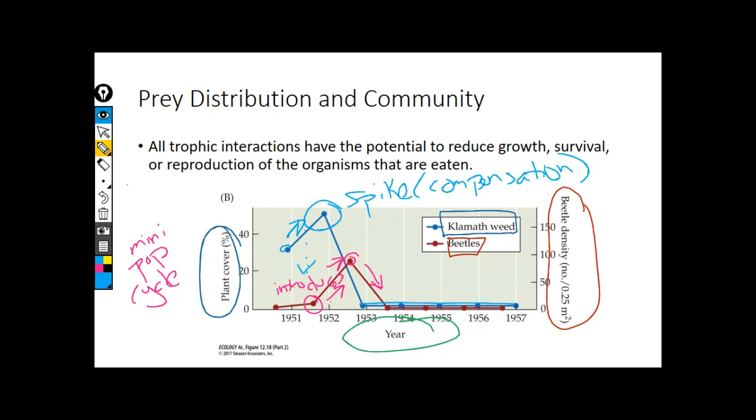We see an increase in plant cover. And now, like we saw with our Gentian plants, compensation will only take us so far. As the beetles continue to increase and continue to eat our plant friends, we've eaten too much plant tissue. All right, good night. Thanks for all the fish.